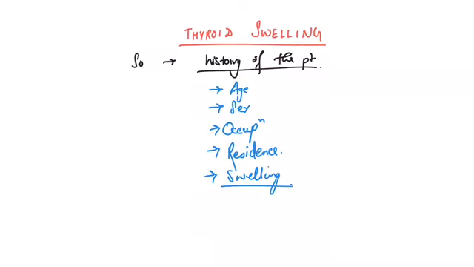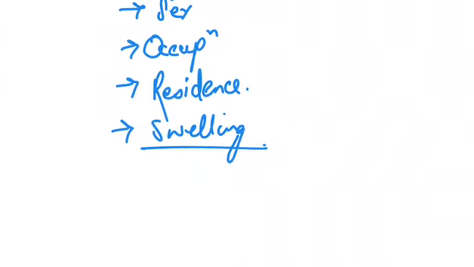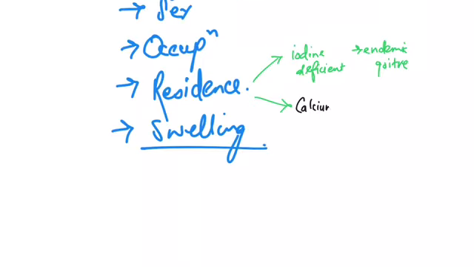Now, what's the importance of residence? Because in some areas where there is a deficiency of iodine, thyroid is endemic goiter. You find endemic goiter in such areas. Here I would like to point out a very important thing, that even calcium is goitrogenic.